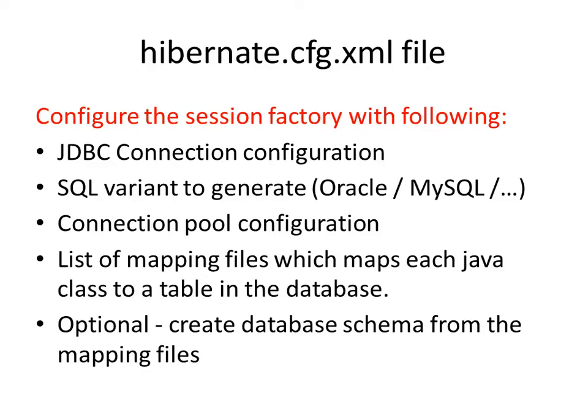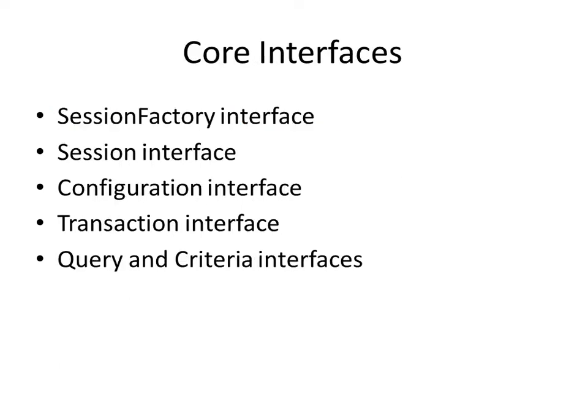So let's say you're working on a new project and you don't have a schema ready, but you can create all your Java objects and map them to your tables in the Hibernate mapping files and say create schema in the Hibernate configuration file, and it will generate the SQL code that you can run to generate your table structures. However, this is optional. You don't have to use it. If you already have a schema, then you don't need to do that.